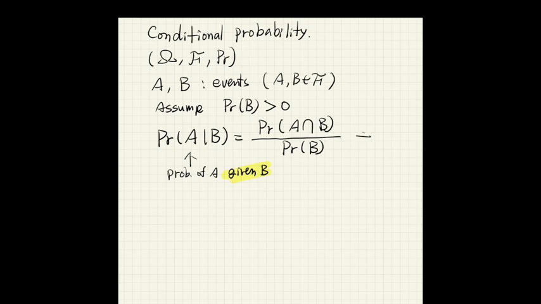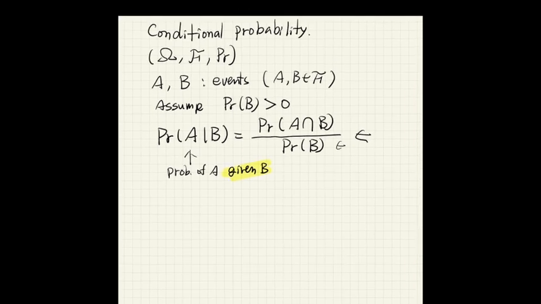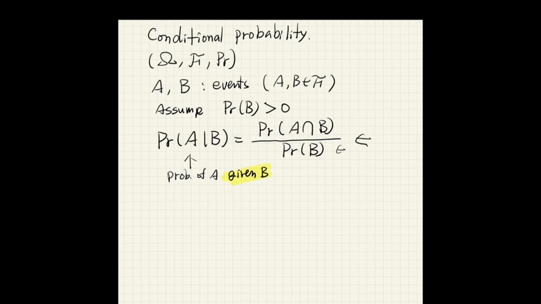So what does this mean? Why do we divide by this probability? Okay, so probability is called probability measure. So it measures something, and that something is the size of events in some sense. Of course, this size has a meaning in practical applications, such that this size is proportional to the possibility of occurrence of some events, right?